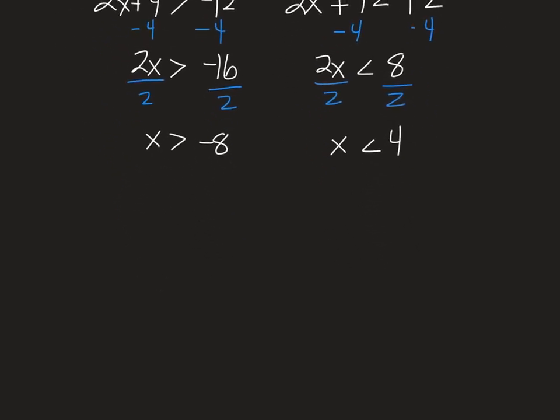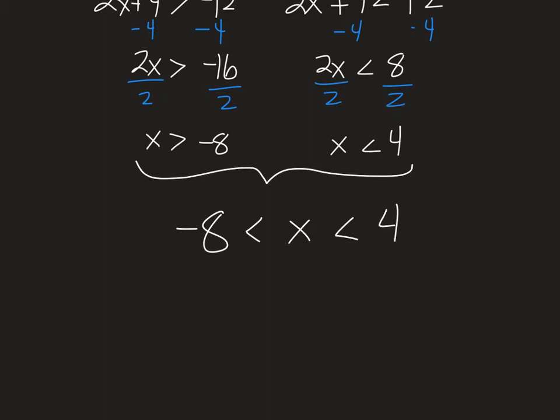Anytime we have numbers between negative 8 and positive 4, you have an absolute value that's less than 12. We combine this into one inequality: negative 8 is less than x, which is less than positive 4. That's how we represent it as an inequality.